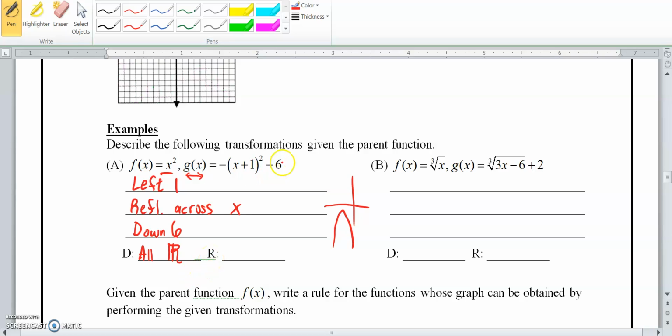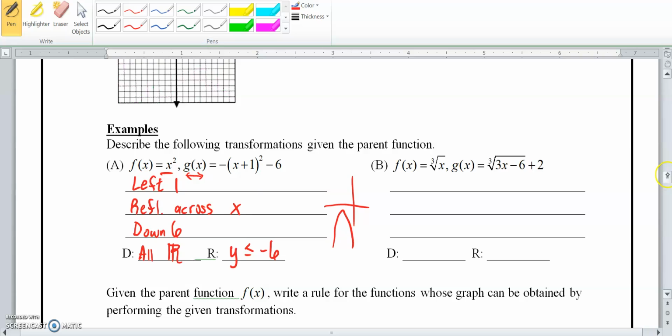It's been shifted down 6. So y is now, instead of greater than, it's less than or equal to negative 6. Kind of a poor representation on the graph, I apologize, but the point still stands. We reflected across the x, we shifted down, so that is how it has affected our domain and range.